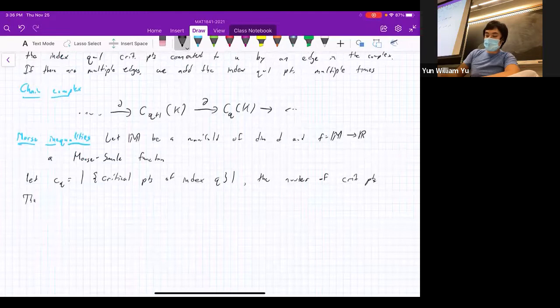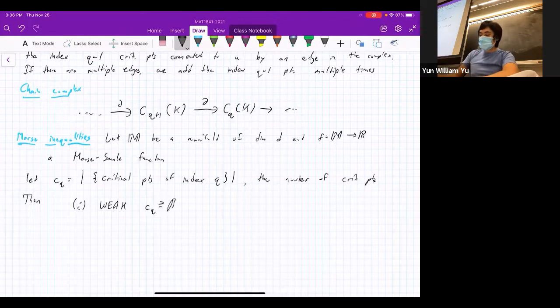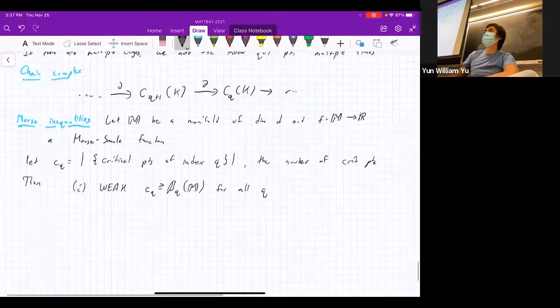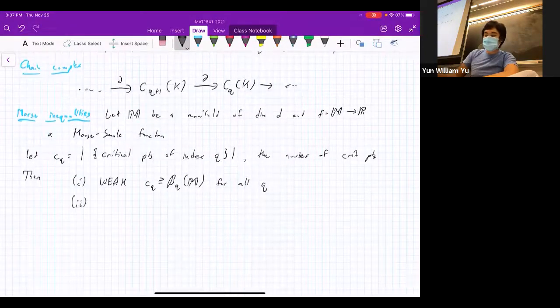Then there are a couple of useful facts. First, we have the weak Morse inequalities, which is that C_q is greater than or equal to the qth Betti number for all q. We also know the strong Morse inequality.